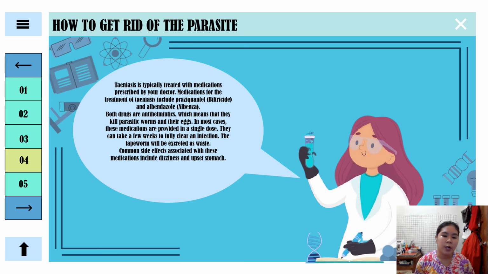Both drugs are antihelminthics, which means that they kill parasitic worms and their eggs. In most cases, these medications are provided in a single dose. They can take a few weeks to fully clear an infection, and the tapeworms will be excreted as waste. So common side effects associated with these medications include dizziness and upset stomach.